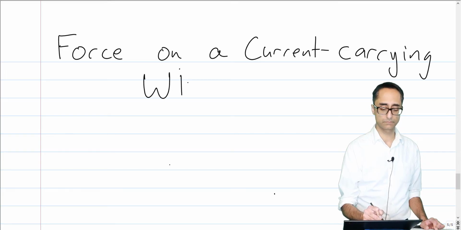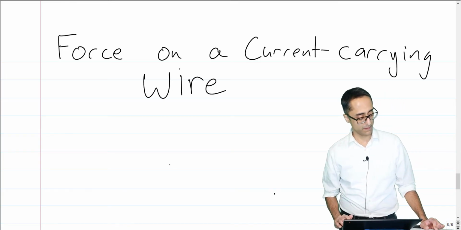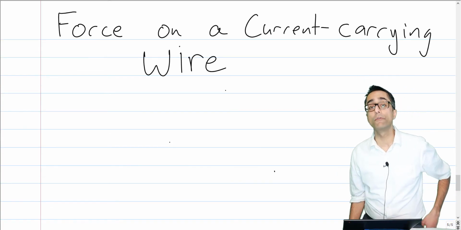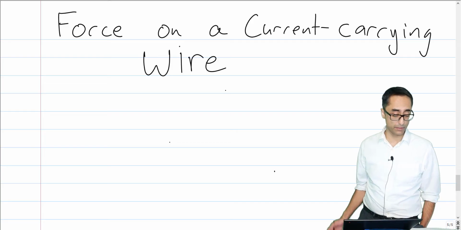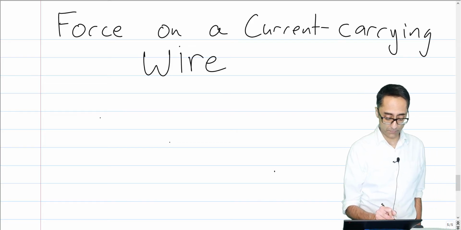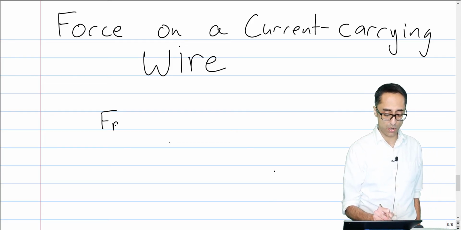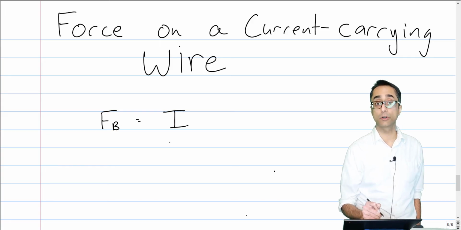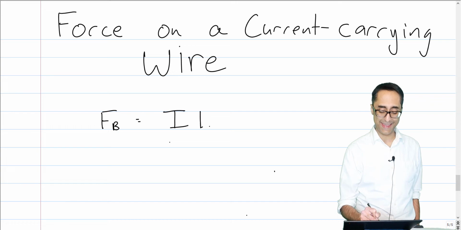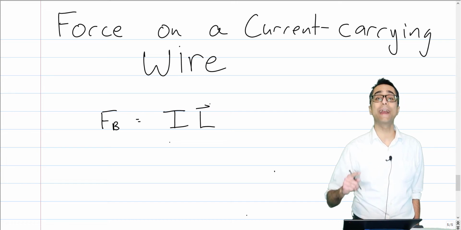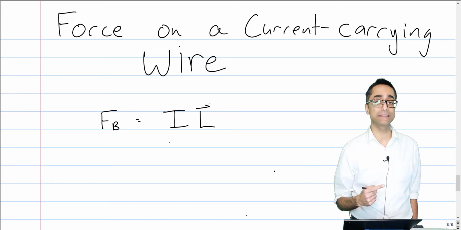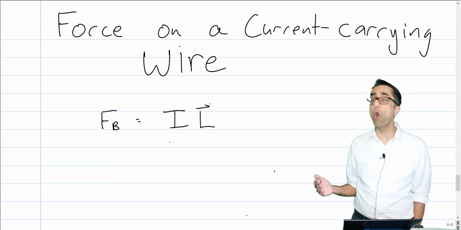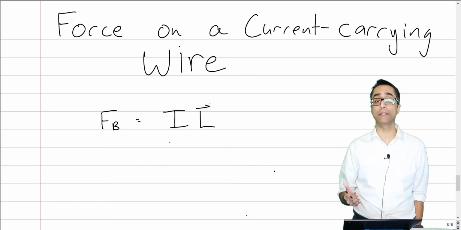All right. So I'm actually going to start by writing down the formula, and then we're going to break it apart. And the formula for the force on some wire is going to be I, the current through the wire, L, the length of the wire that's experiencing the magnetic field. Sometimes a wire can be longer than the magnetic field area itself.